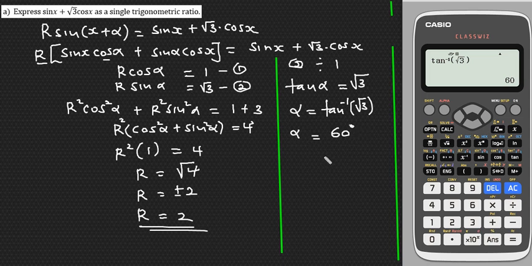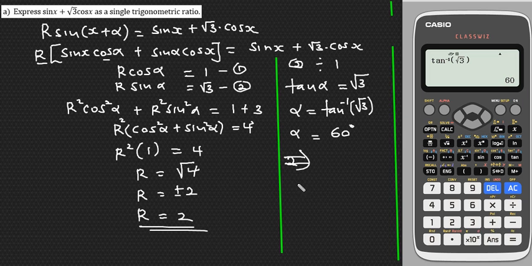So alpha is equal to 60 degrees. Remember, we wanted to express it as a single trigonometric ratio, and we chose r sin(x plus alpha). So this is equal to r, which is now 2, so our solution will be r sin(x plus alpha).